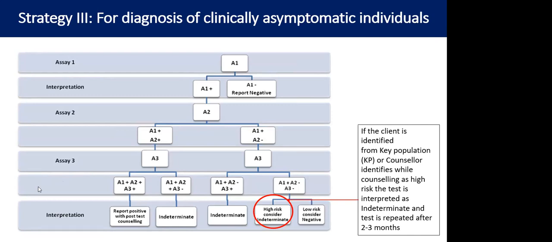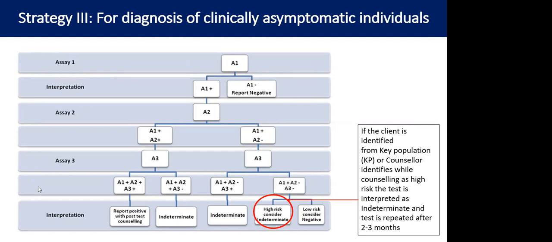The interpretation is, if A1 is negative, you report negative. If it is positive, go for the second test, A2 or assay 2. If A1 positive and A2 positive, then you go for the third test, A3. And if all 3 tests are positive, A1, A2, and A3, then report positive with post-test counseling.